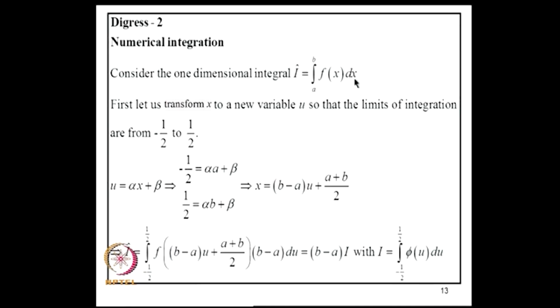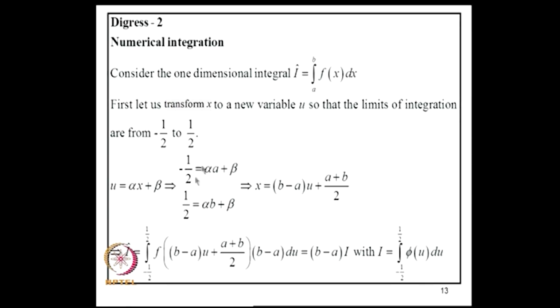of f(x) dx. First, let us transform x into a new variable u, so that the limits of integration are from -1/2 to +1/2. So, what I will do is substitute u as αx plus β. Alpha and beta are the two parameters which I do not know. So, I want u to be -1/2 when x is a, and u to be +1/2 when x is b.